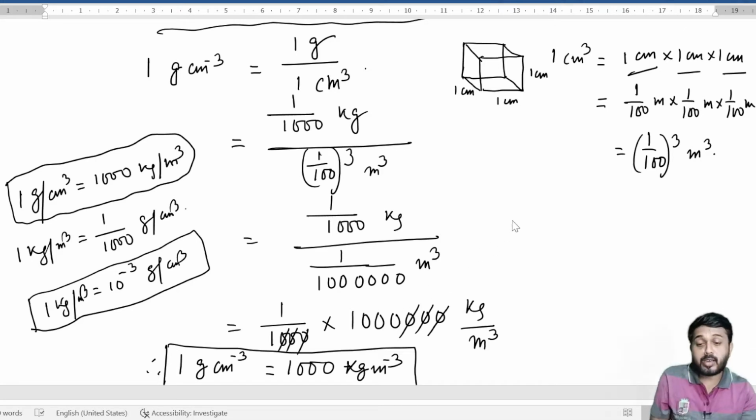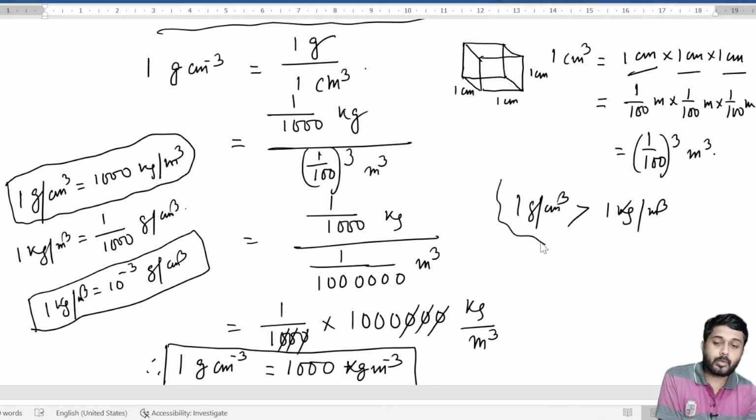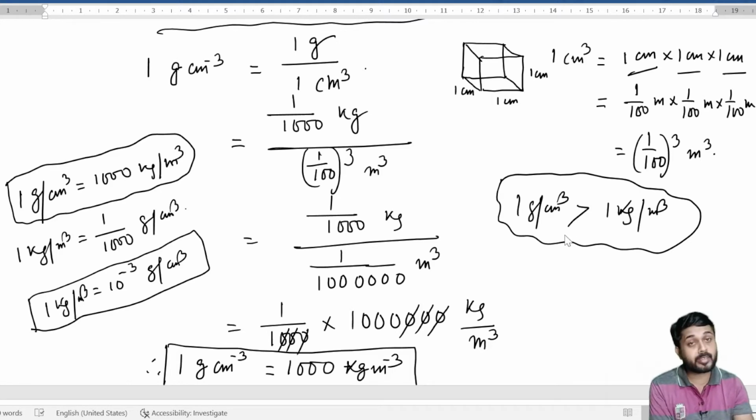Keep it in mind that 1 gram per centimeter cube is greater than 1 kg per meter cube, isn't it? Right from the relation you can understand 1 gram per centimeter cube is equal to 1000 kg per meter cube, because 1 kg per meter cube is less, and 1000 such units together give you 1 single gram per centimeter cube.